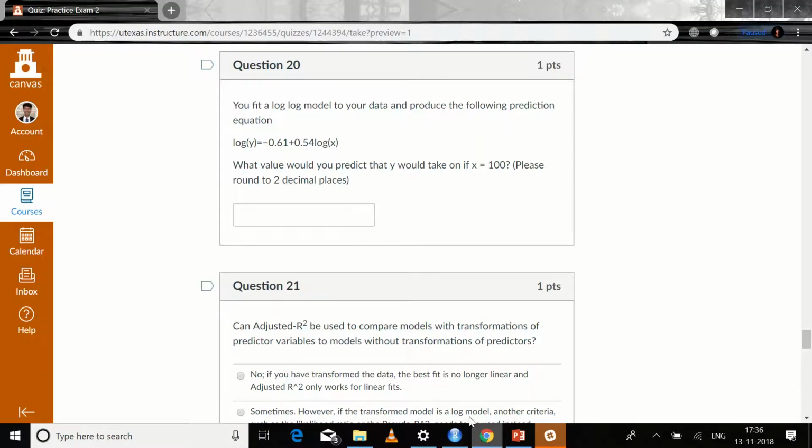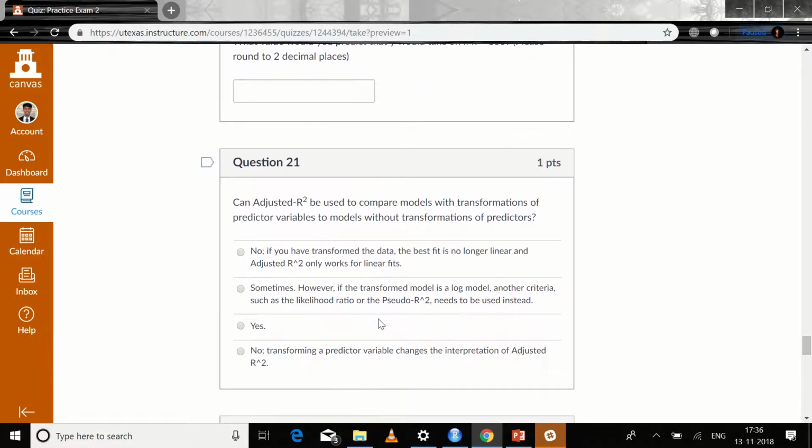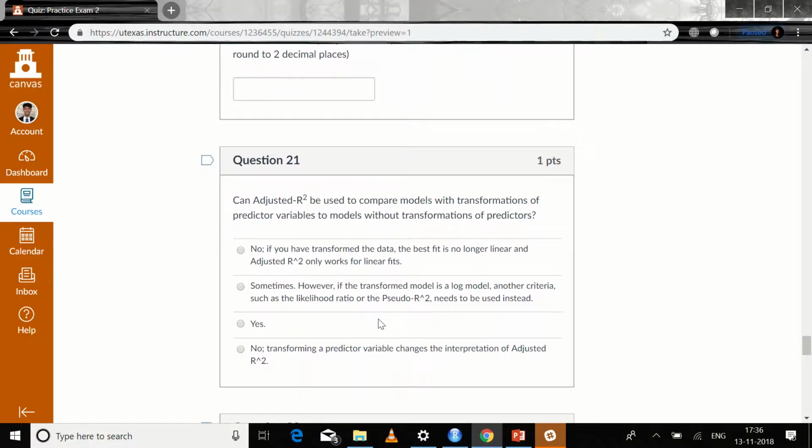Question 21. Okay, so can adjusted R squared be used to compare models with transformation of predictor variables to models without?